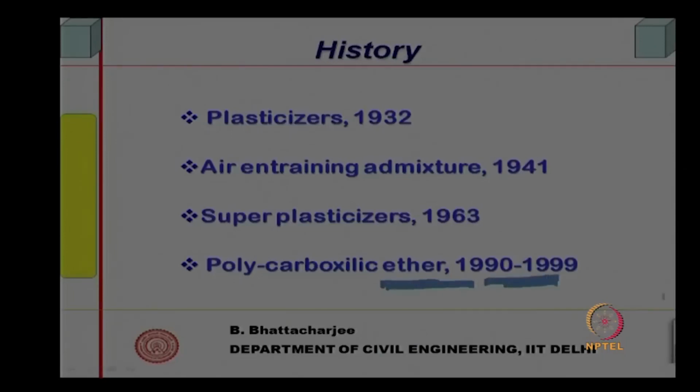Now, although it came quite early, their usage was not so popular in the beginning. Practically they started becoming popular much later, perhaps in 60s, 70s, and if you see a country like India, it is in 1990s in large infrastructure.